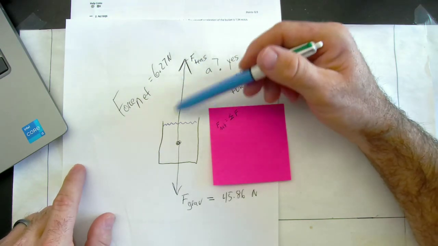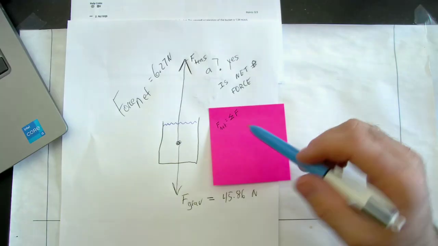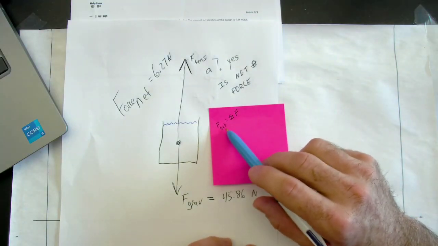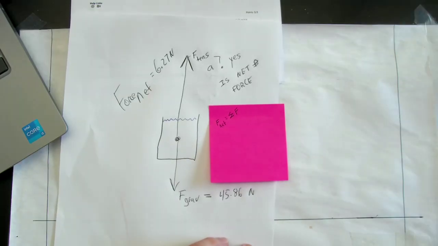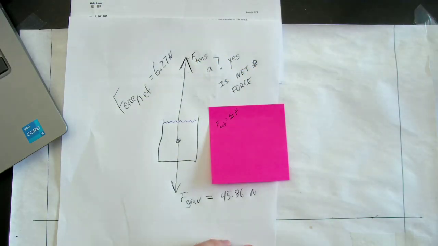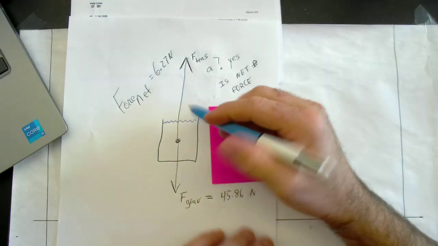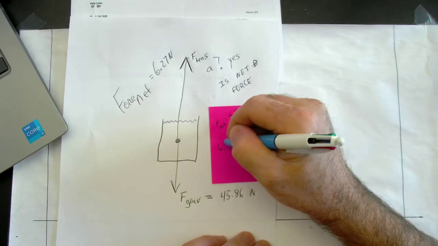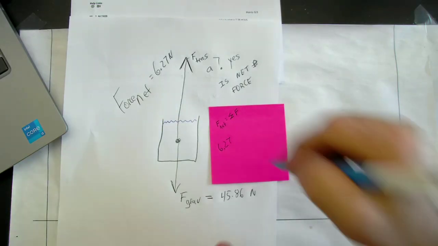But if that logic and thinking through is really difficult for you and you just love equations, the equation for this is force net is equal to the sum of the forces. We call up positive and down negative. So you could put in everything you know. 6.27 is a net force upward, so it's going to be a positive number.